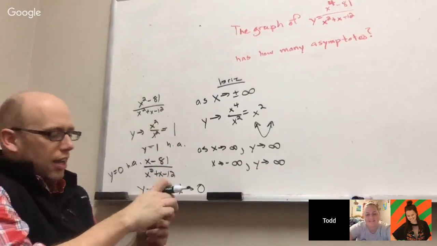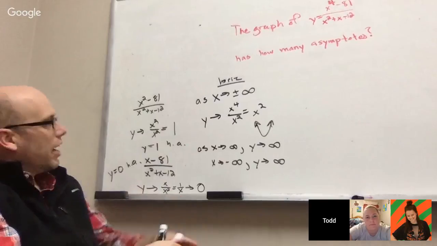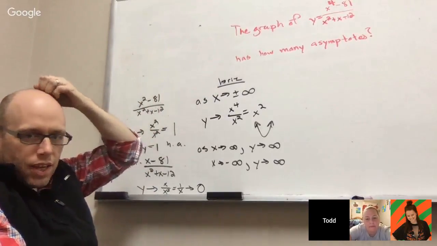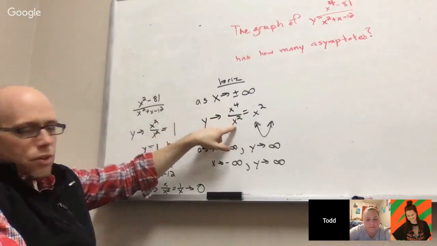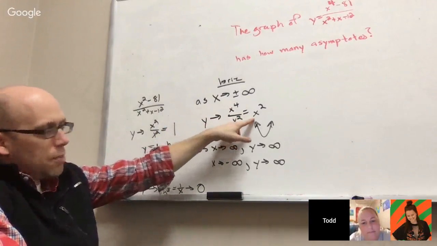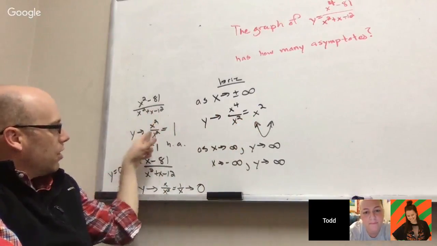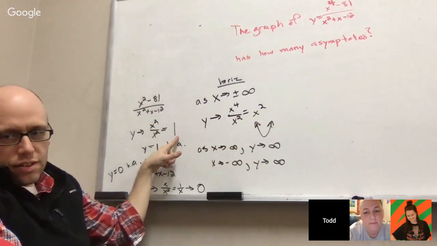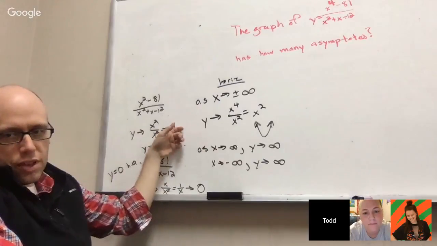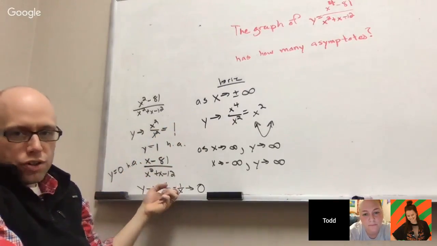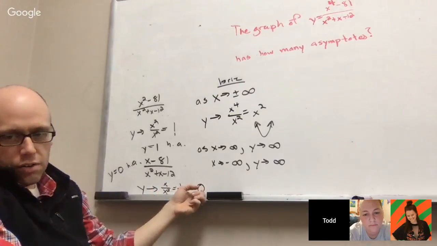You are right about just comparing the degree of the top and the degree of the bottom. Basically, if the degree of the top is bigger than the degree of the bottom, then you're not going to have an asymptote. If they're the same, they're going to reduce to a constant, and so you have a horizontal asymptote at that constant. If the bottom's bigger, you're going to have 1 over something that grows, so it's going to go to 0.